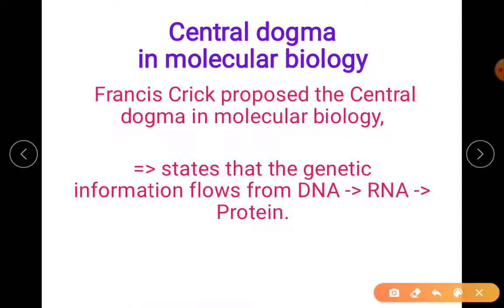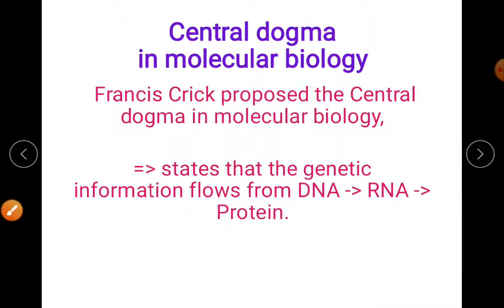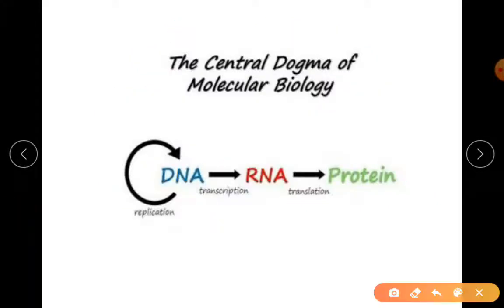And what does it state? The genetic information flows from DNA to RNA to protein. This is what he states in his central dogma of molecular biology. So that's what I've explained. DNA to RNA is transcription, so you can say mRNA. Then mRNA to protein is translation.